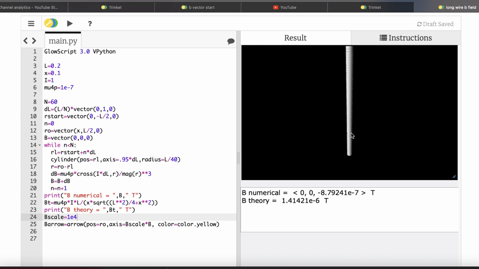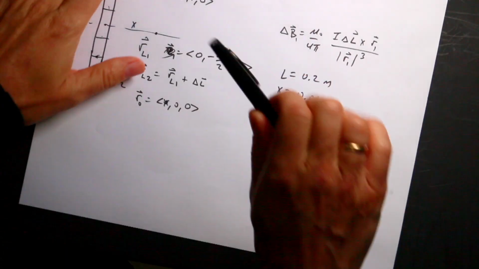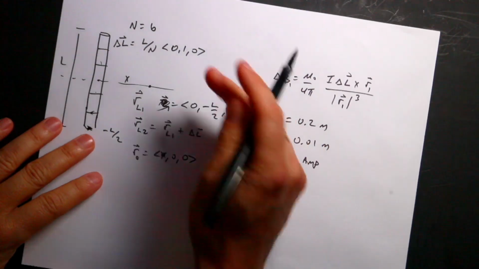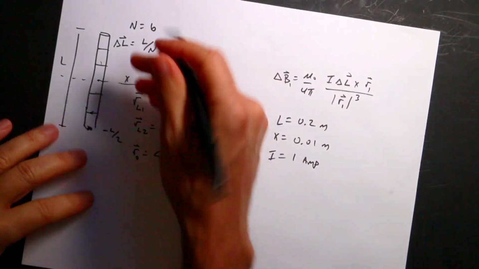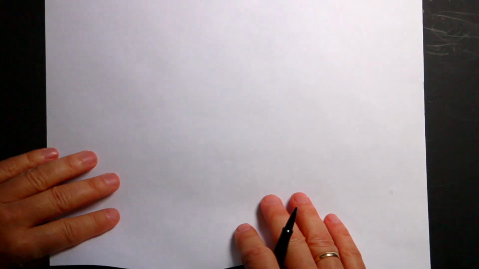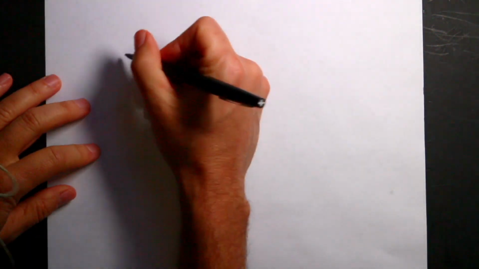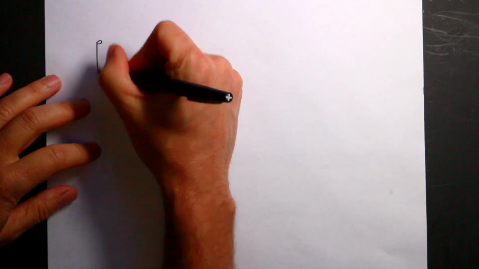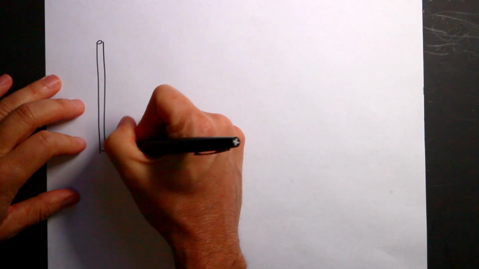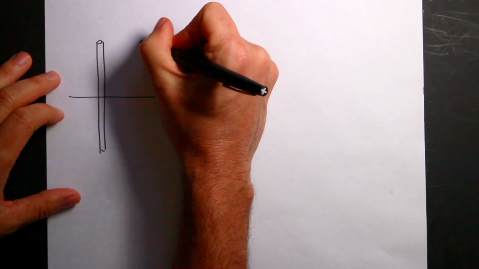But what isn't easy is what I'm thinking about right now. Let me switch over to the paper and show you what would happen if you want to do it at the top there. Let's say I want to find the magnetic field up at the top. So I would have my wire, and then I want to find this location right there.